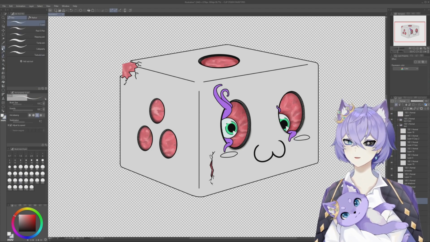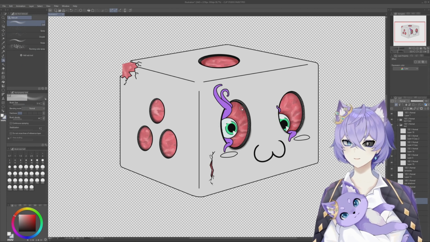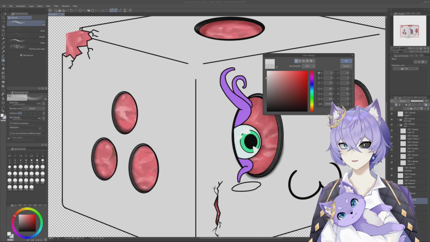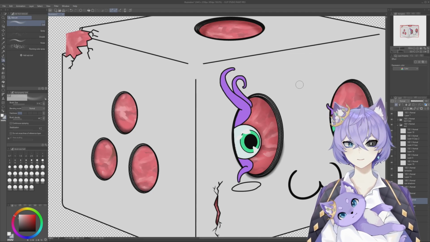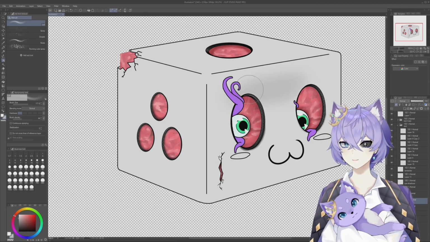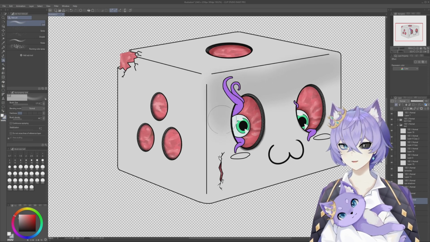Technically, this would be with a soft brush. So maybe I can get away with the spray. We go a little bit darker, a little bit bigger. And then we just go in and add that shading on top of everything.